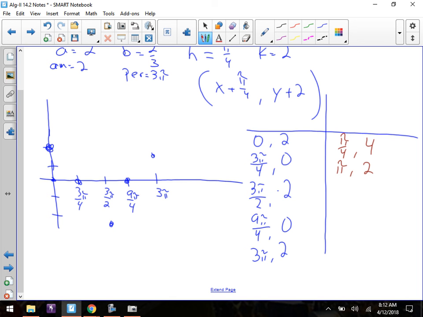3 pi over 2 is the same thing as 6 pi over 4. So I add a fourth to that and I get 7 pi over 4. Then 9 pi over 4 plus that'd be 10 pi over 4, which is 5 halves.